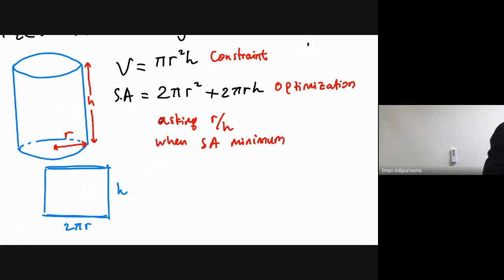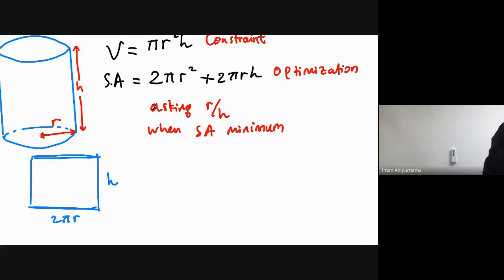But instead of that, because we have volume is pi r squared h, let me divide, so h becomes V over pi r squared. Instead of substituting h, I will substitute V over pi r squared for h.